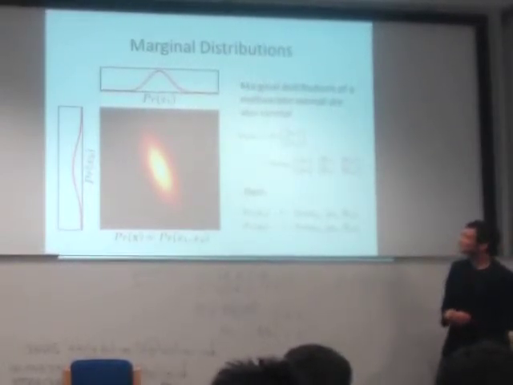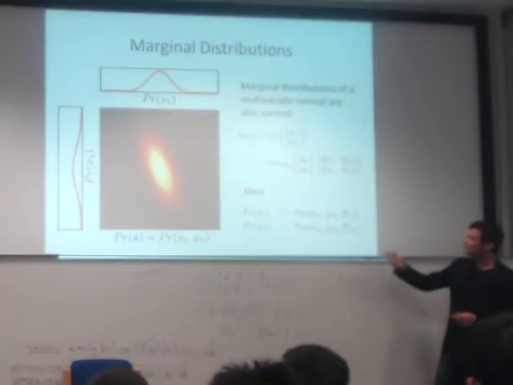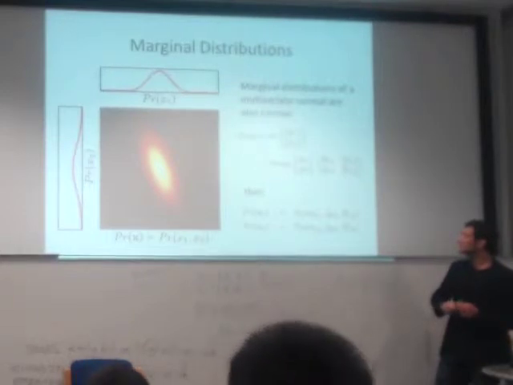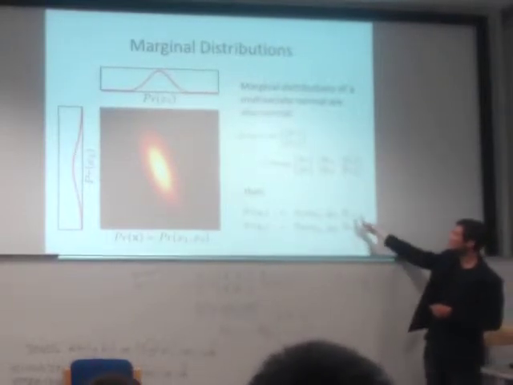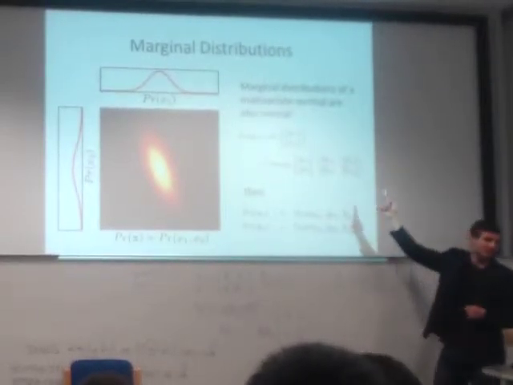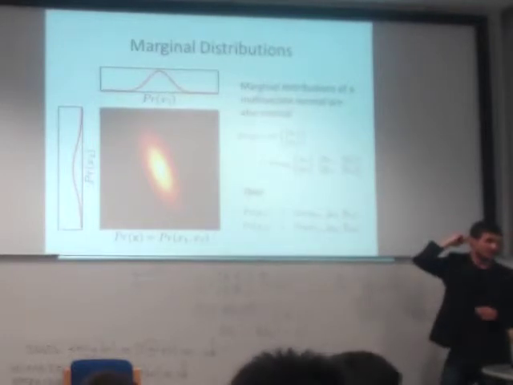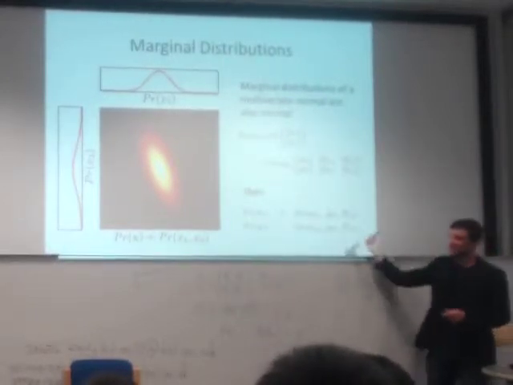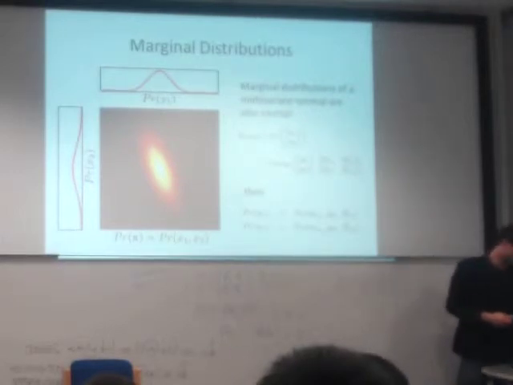So if you partition it in two vectors, x1 and x2, then you can find the variance just by taking the upper left block of your original covariance matrix, and then you do the same for x2.